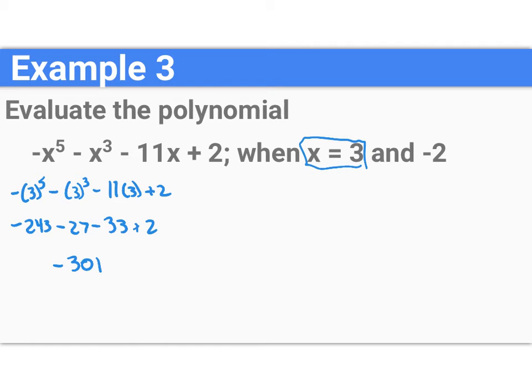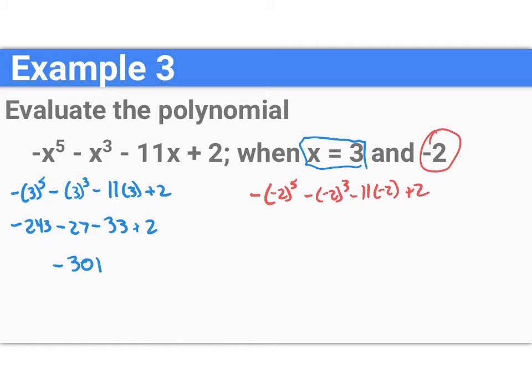Okay, so I almost forgot to do the second term, so let's do it in red. And this makes a difference, and this is why we substitute in parentheses. So watch how this gets done. -2 to the 5th power minus -2 cubed minus 11 times -2 plus 2.